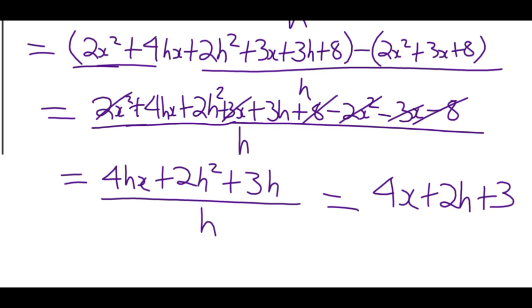Divide out the h. All of the terms up top have at least one h, so you can divide h into all of them. You get 4x plus 2h plus 3. Is that right? I can check my answer sheet to make sure. Should be good, right? You've been checking me as we go along. So yeah, 4x plus 2h plus 3. It's all good.